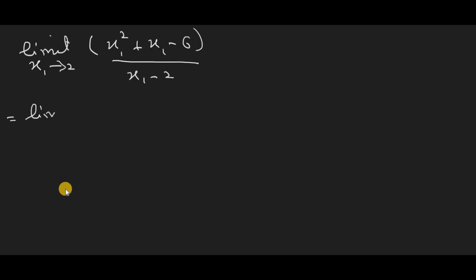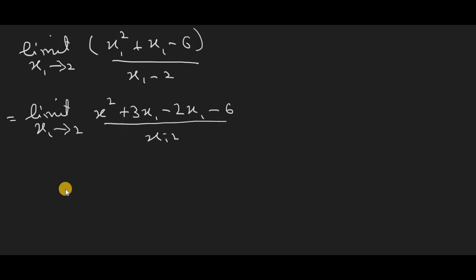So limit x1 approaches to 2 of x square plus 3x1 minus 2x1 minus 6 whole divided by x1 minus 2. We can write more clearly here by rubbing this, that is x1 minus 2.